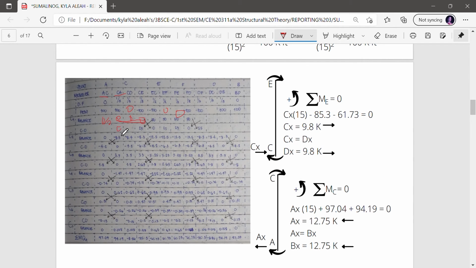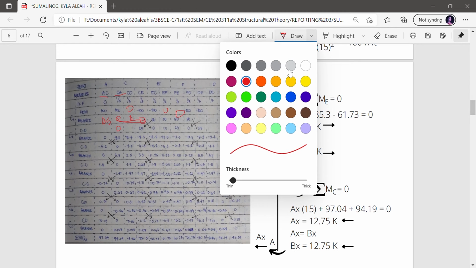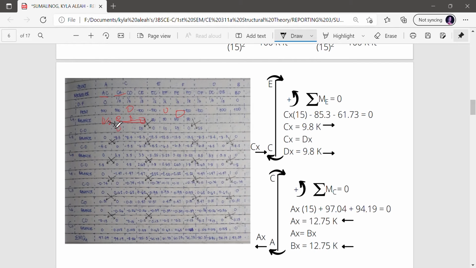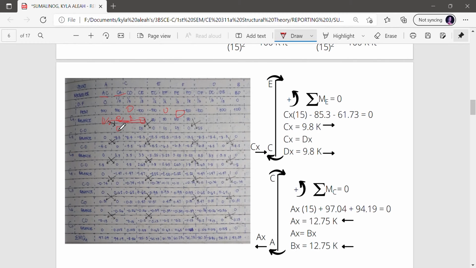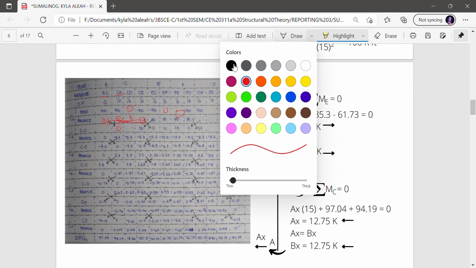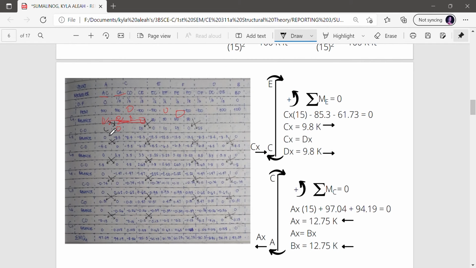You put it here. The answer that you can get in this balance in here is the carryover on the other joint. So here, we will have 0 divided by 2 is 0, right? So that would be 0 also in here. It's crossed like that.